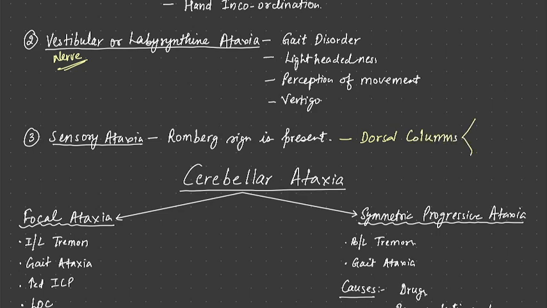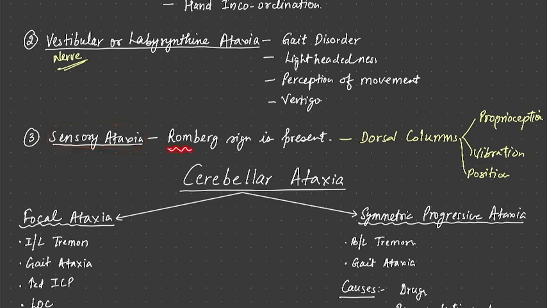The joint and position sense, meaning proprioception, vibration, position, all these sensations will be lost. There will be no sensory input to the cerebellum, and the cerebellum will face difficulty in coordinating the movements. So it is called cerebellar sensory ataxia.